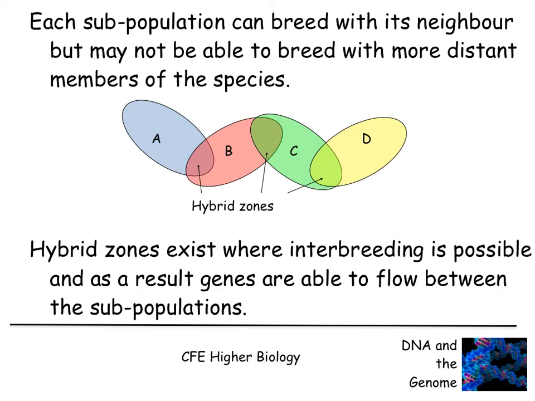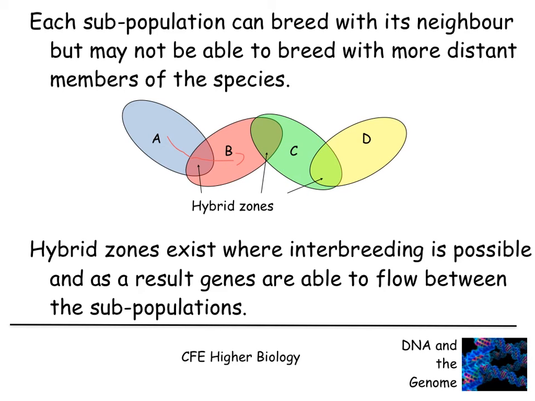Hybrid zones exist where interbreeding is possible, and as a result, genes are able to flow between subpopulations. So A's genes are able to flow into B's population.